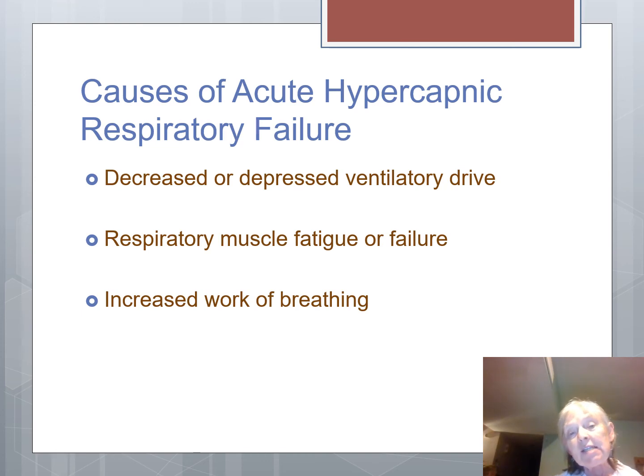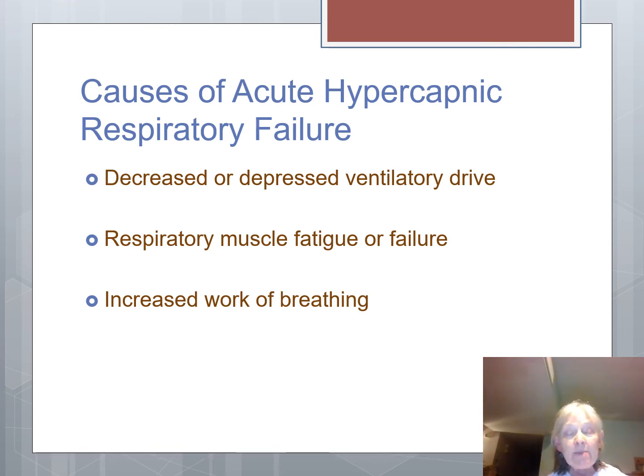So if you put these together, and we're going to talk a little bit more about them here in just a minute or two, here's basically what happens. You either have a problem with your brainstem, you're not getting the message out. If the message is not getting out from the brainstem, you're not going to have a really good ventilatory drive.